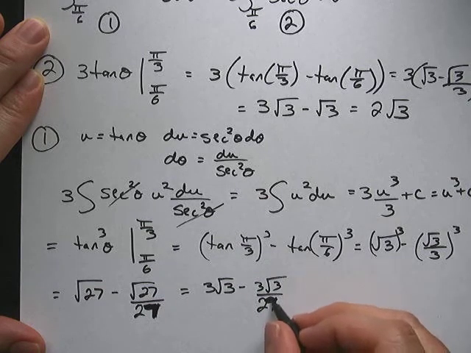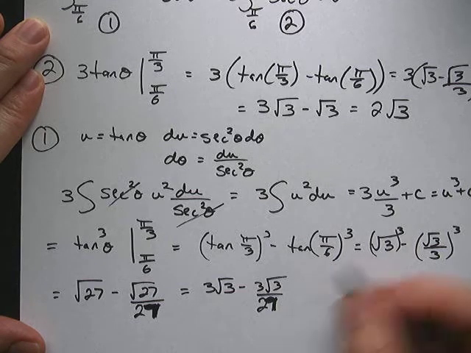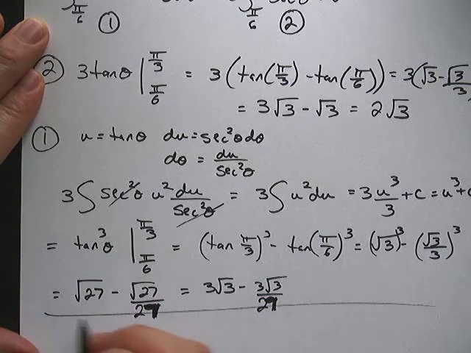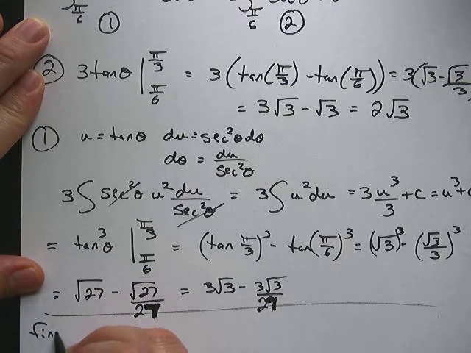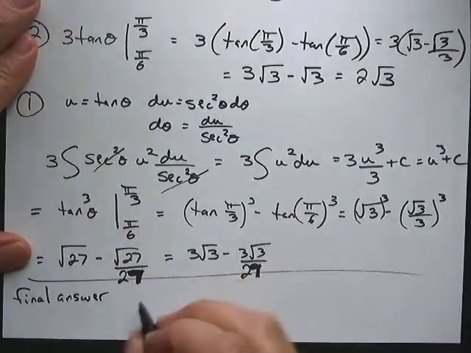Okay, so when we do that, well, first let's combine it with the other answer. So our final answer will combine the answer we got up here, which is 2 root 3.